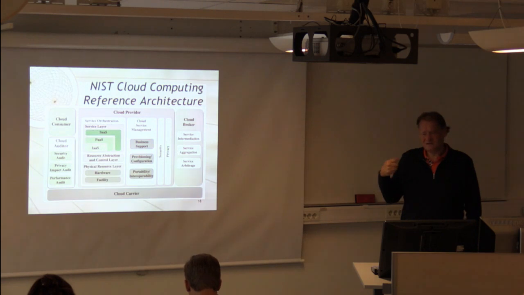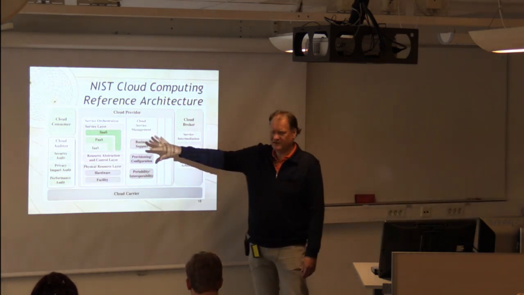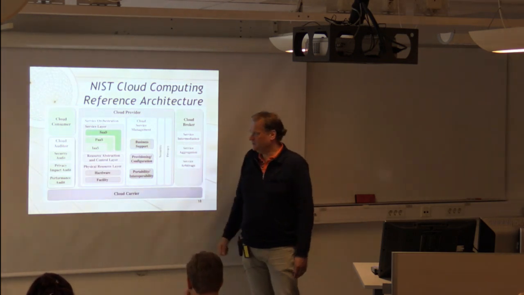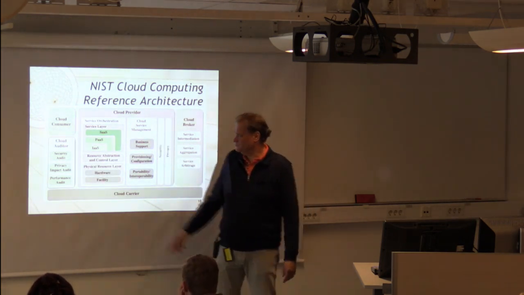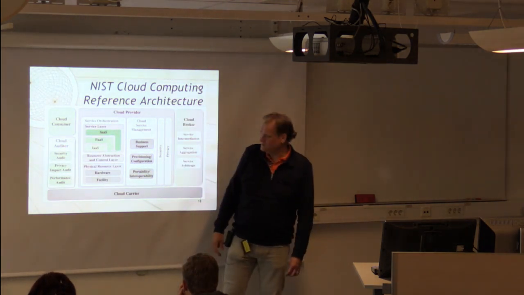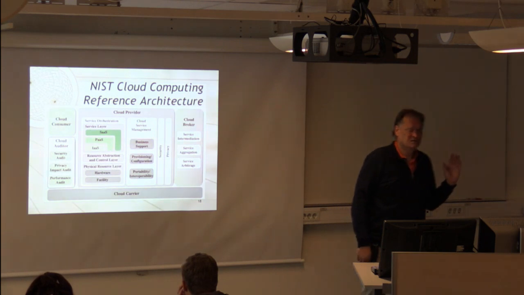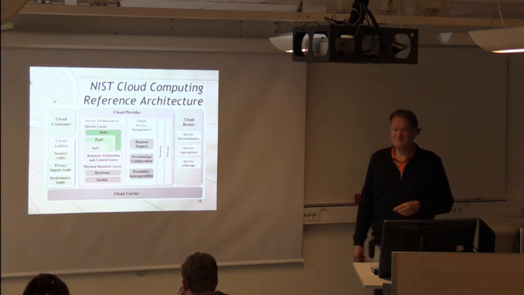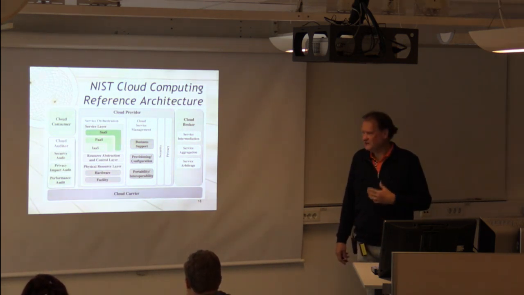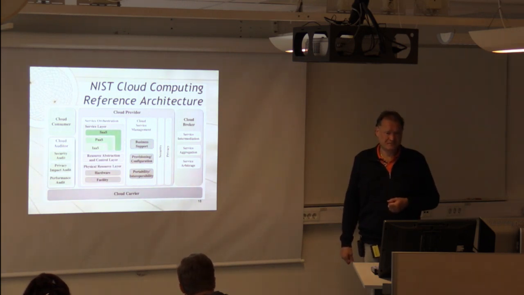It's a separate organization from the cloud provider. The idea with the cloud auditor is to do, as you see, security audits, privacy impact audits, performance audits. So they are checking cloud providers, making sure that they are living up to different requirements.